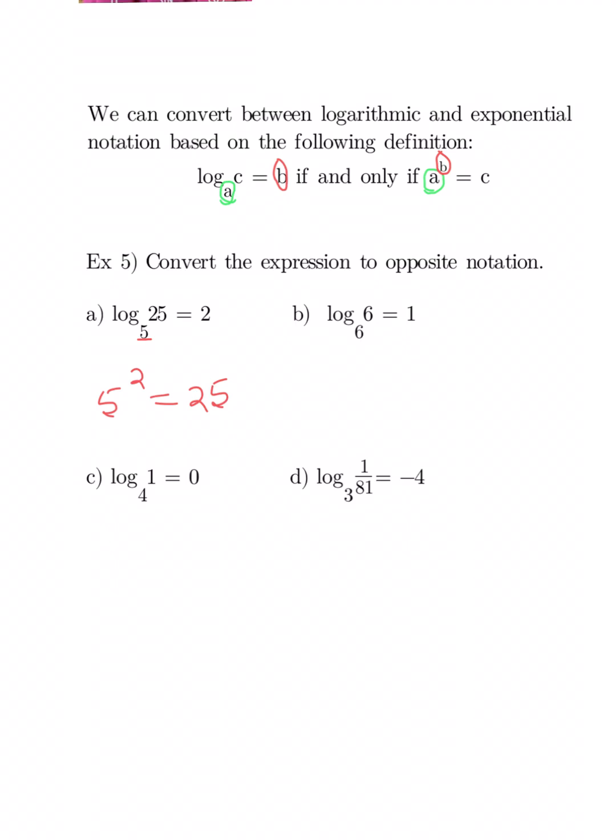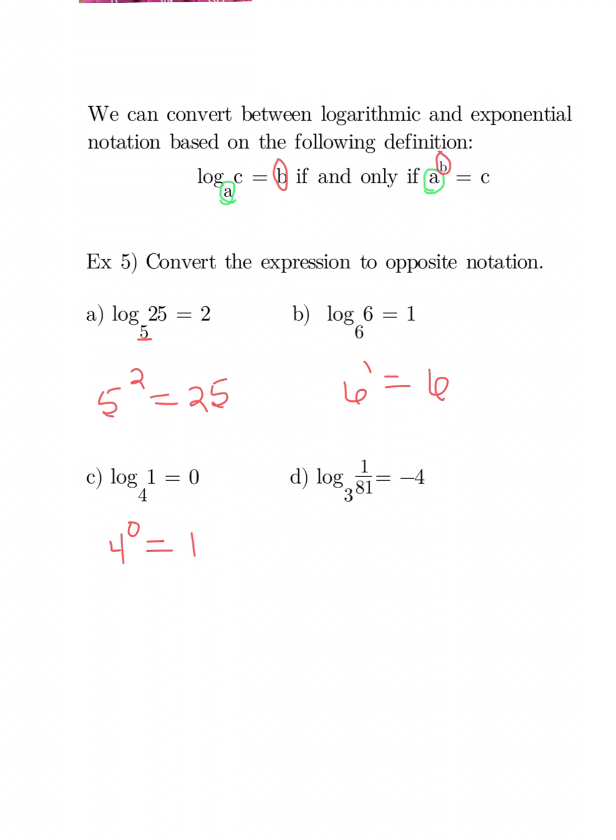On the second one, base of the logarithm becomes the base of the exponent. Answer becomes the power equals the argument of the logarithm. Again, we got a true statement. On C, base of the logarithm is 4, the answer is 0, so 4 to the 0 equals the argument of the logarithm, 1.